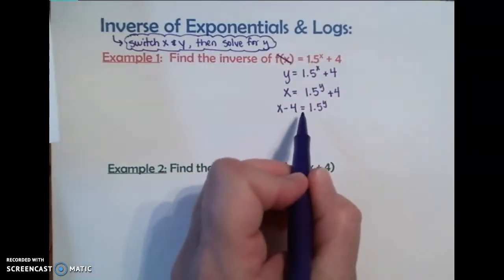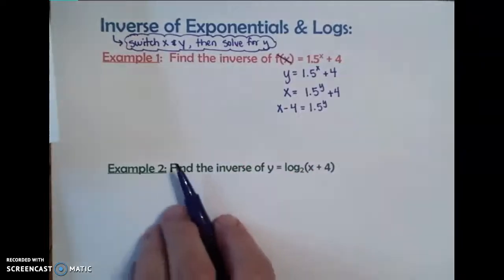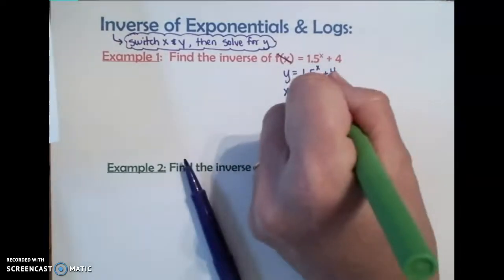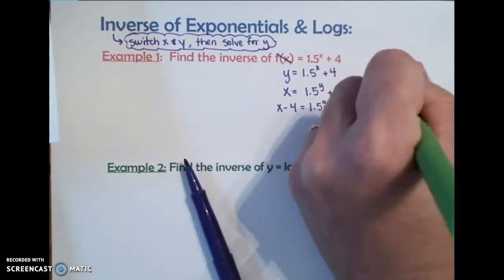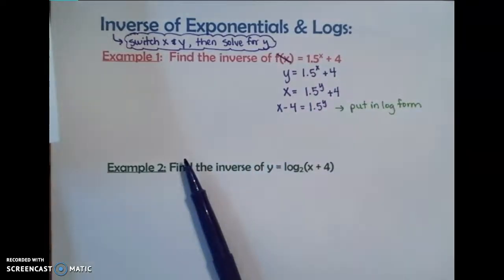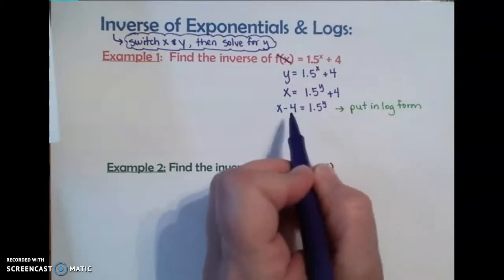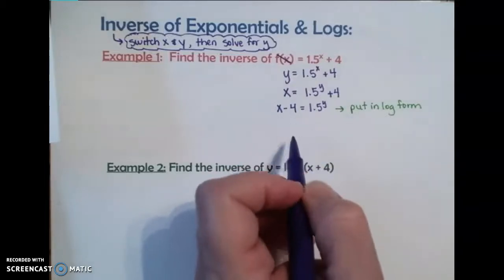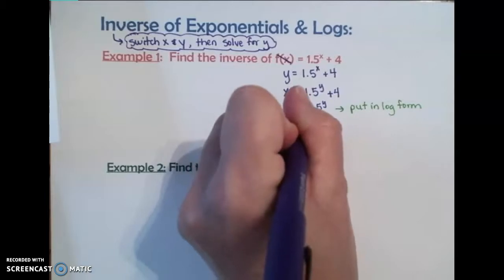So now I have an exponential equation, and you just learned to solve an exponential equation, we need to put this in log form. And it's actually turned around the opposite way of what your other examples we worked were. So if it bothers you, just flip it.